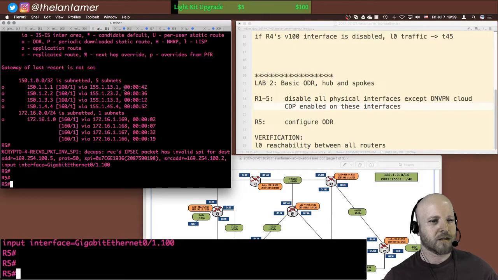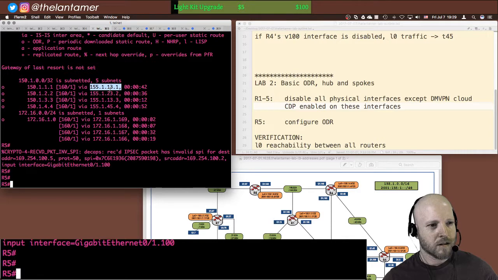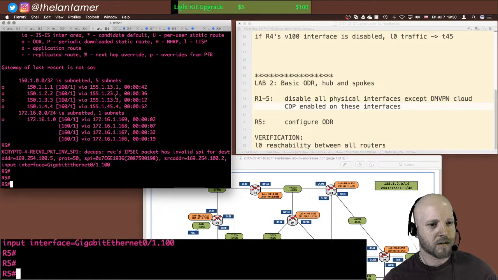Yeah, these are being learned via these other interfaces. 155.1.13. What link is that? .1.1.1. This link? That link is down. So how's that getting back to router 5?